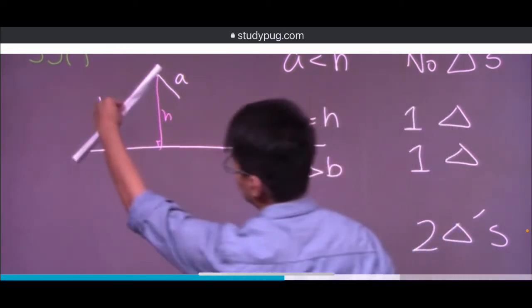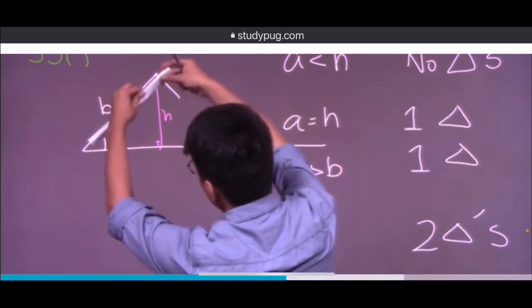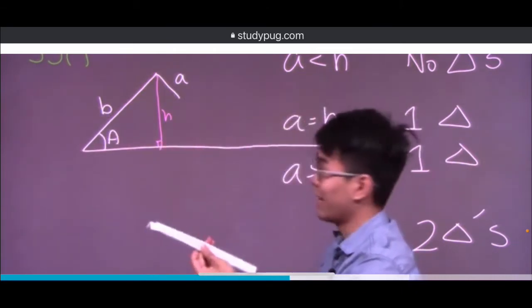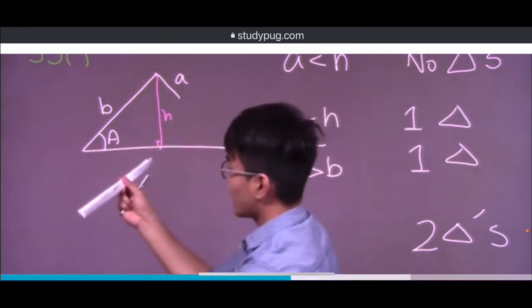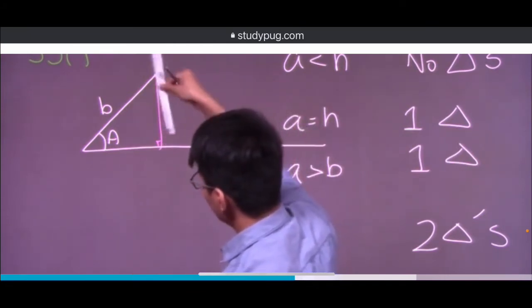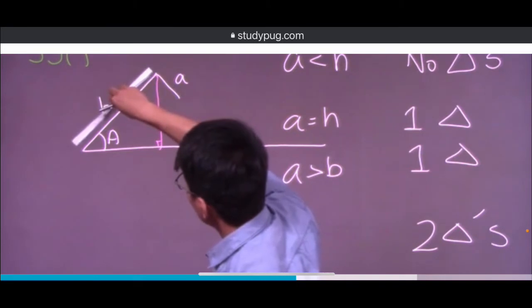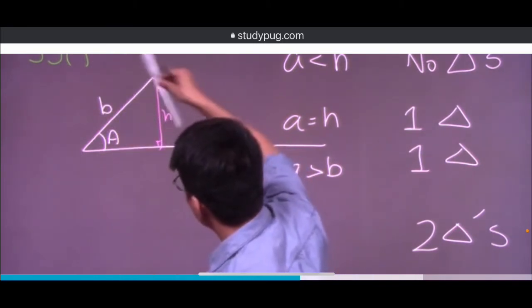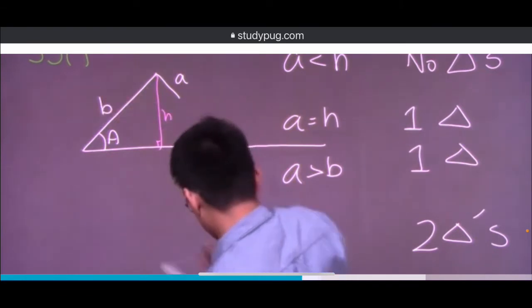This is the side length, side A. This length here is longer than H, but a little shorter than B.